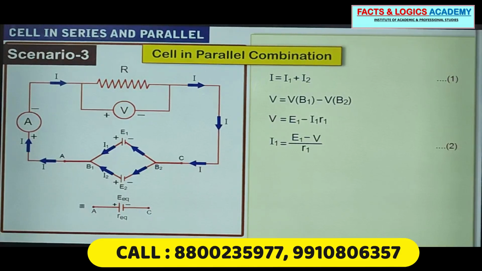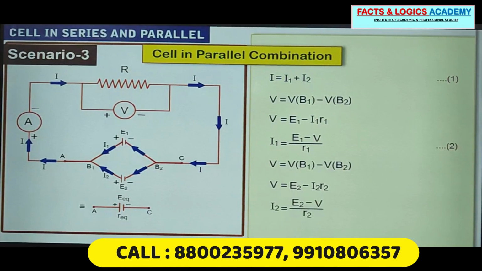Similarly, taking points B1 and B2 across cell 2, we can write V is equal to VB1 minus VB2. V is equal to E2 minus I2 into R2. Rearranging the terms, we can write I2 is equal to E2 minus V divided by R2. Let us label this as equation 3.